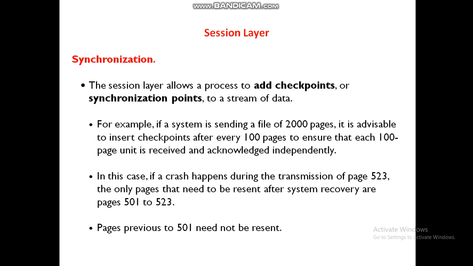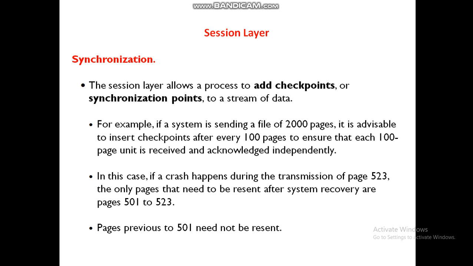Then the second slot of pages, or the second part of the checkpoint, is started to send. The advantage of this kind of checkpoint implementation is that if a particular page does not arrive in order, for example page 523 is missing, then it has to restart from 501 onwards up to 523.